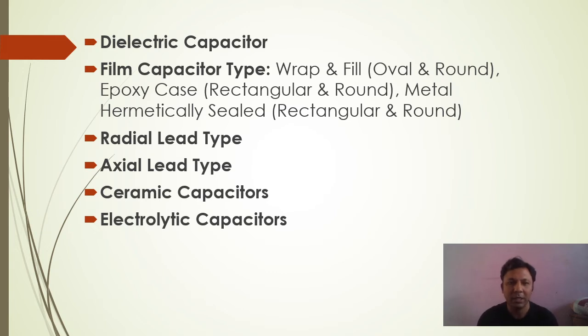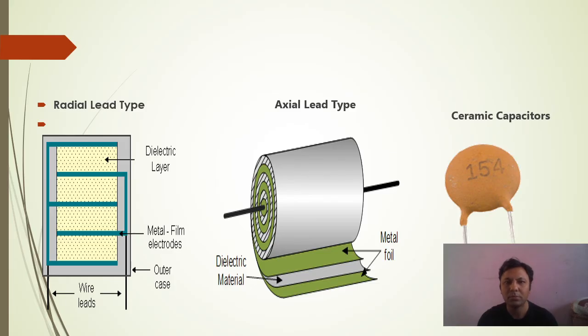Let's see some examples. Look, this is the radial capacitor: the dielectric layer, then a conducting plate, dielectric, then another plate, another dielectric material, and these two wires are extracted. This is radial because the wire is taken in the radial direction.